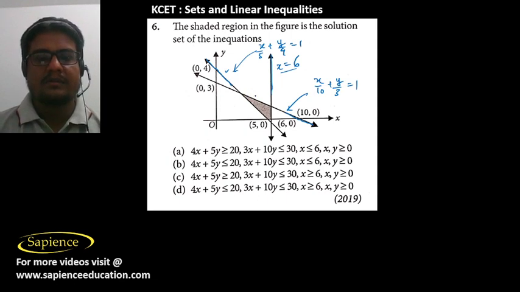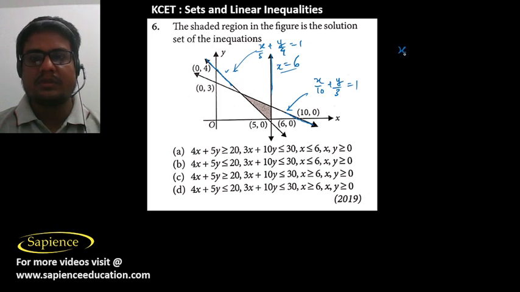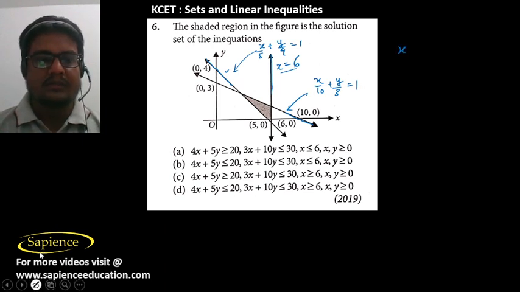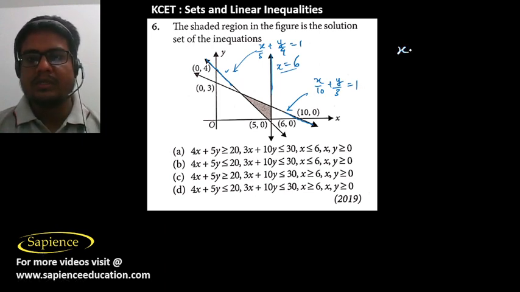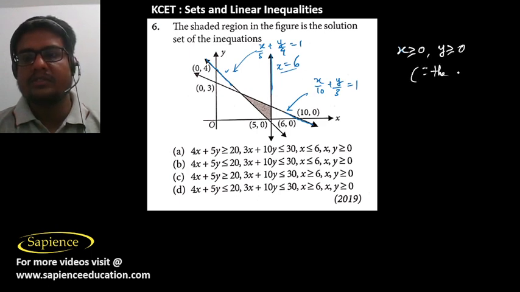And the shaded region is obviously in the first quadrant, so therefore we have to write x should be greater than or equal to 0 and y should be greater than or equal to 0, since the shaded region is in the first quadrant.